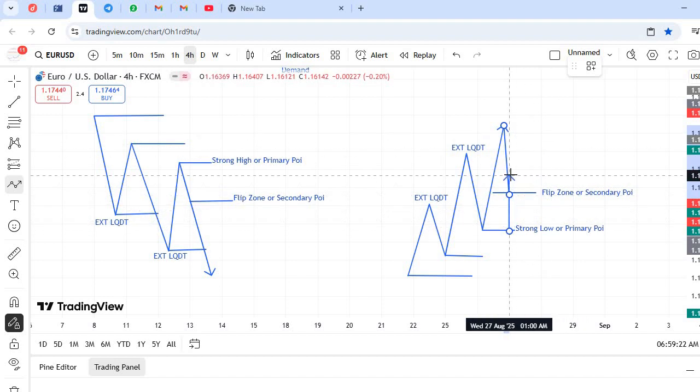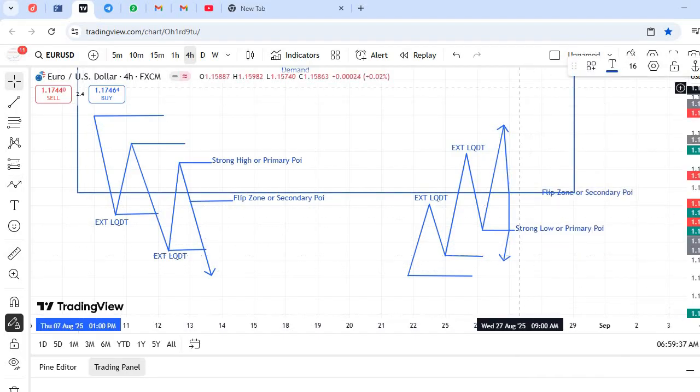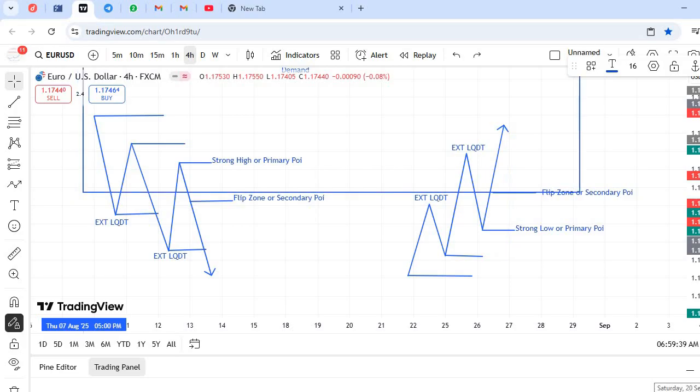But in the situation where the pullback got here and broke this last low, that means we might be having a change of character or a change of trend. So now the lows, like I said, sustain the high, and these are external liquidity. They are weak highs and they are expected to be taken out.